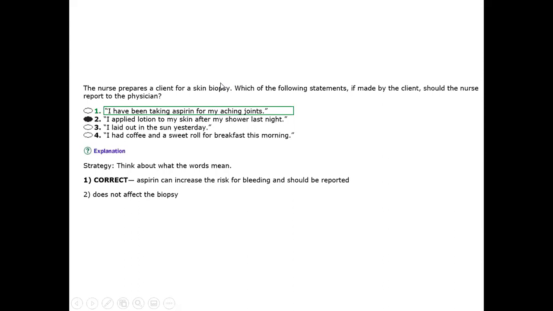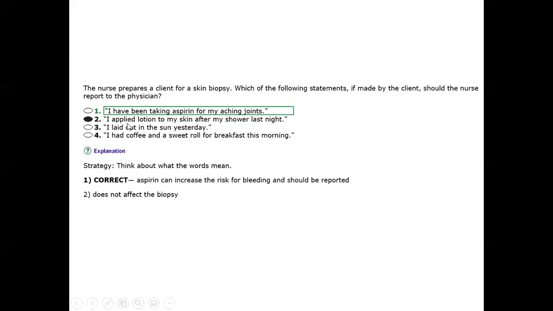If the patient goes for a skin biopsy and gives the history, I took aspirin, better not to go today. At least 3 to 4 days before, you have to stop intake of aspirin if you go for any kind of invasive procedure like skin biopsy. It is important to notify the healthcare provider.